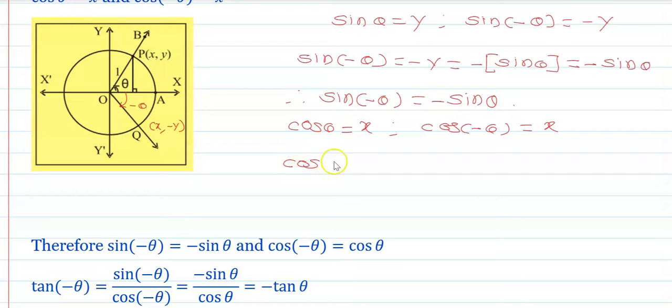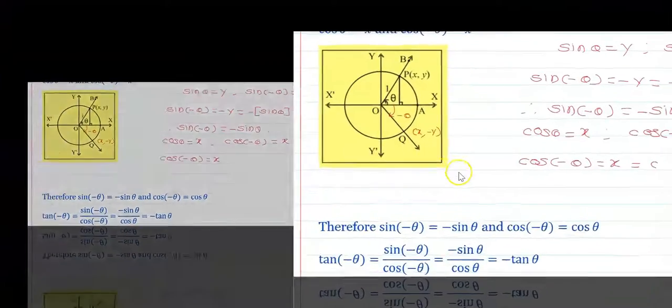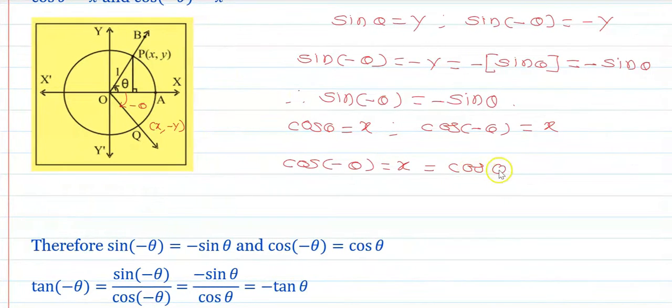Cos of minus theta is equal to x, and that is nothing but cos of theta. The value of x is cos theta, and hence cos of minus theta is equal to cos theta, and therefore sin of minus theta is minus sin theta, and cos of minus theta is cos theta.